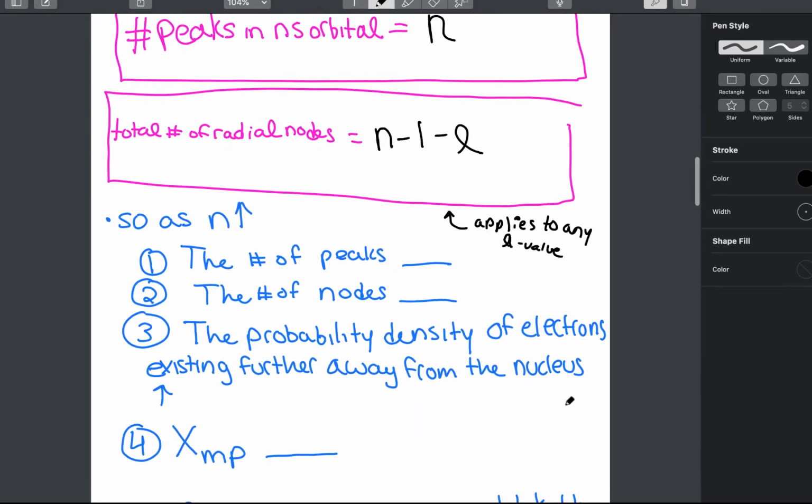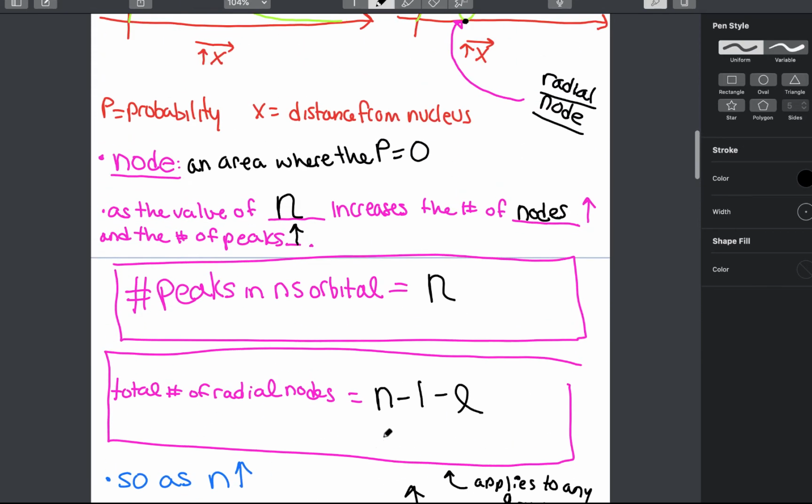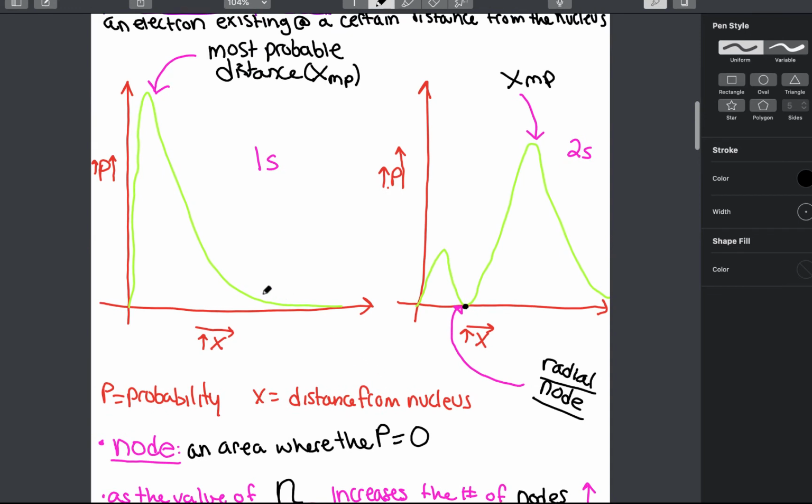So here I once again am reiterating the same stuff that I said, but in written form. So as the principal quantum number increases, the number of peaks increases, the number of nodes increases, the probability density of electrons existing further away from the nucleus also increases. And if we go back to our graphs, we can see how this happens, because as we go from the 1s orbital to the 2s orbital, we see how the probability basically does a right shift.